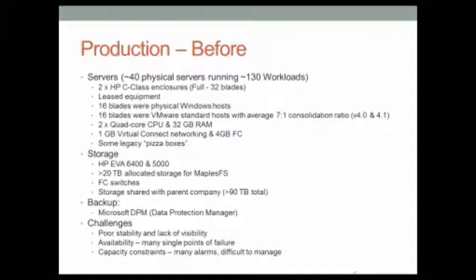Virtual Connects were 1 gig, Fibre Channel to some HP EVA storage. The storage was shared between both groups and would be a point of contention because there would be hiccups that would happen, latency spikes, and there was a lot of finger pointing on who did it. Was it this group, that group? Even if it was us, it was very difficult to find out where the bumps were coming from. And so I wanted to change that.